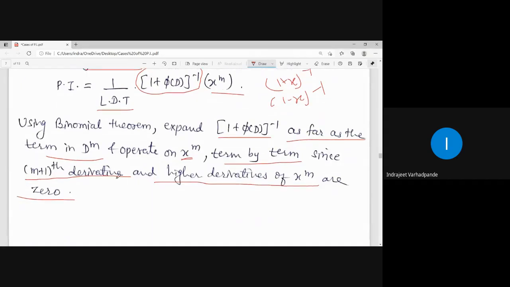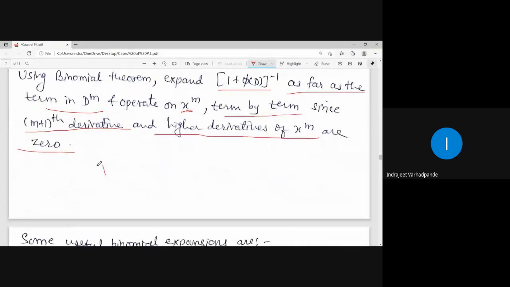As I told you, D represents d/dx. So what is the derivative of x? What is D of x? 1. What is D of 1? 0. That means I can calculate D square of x as 0.